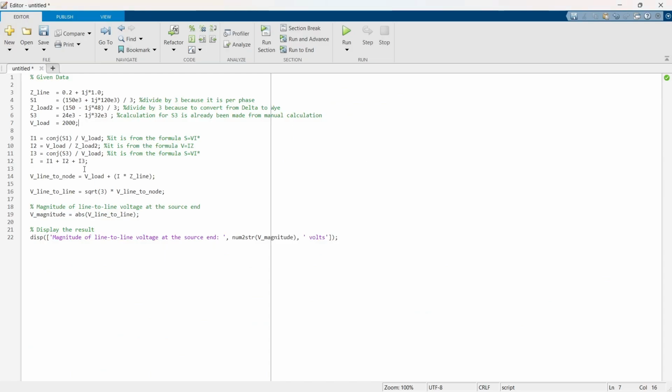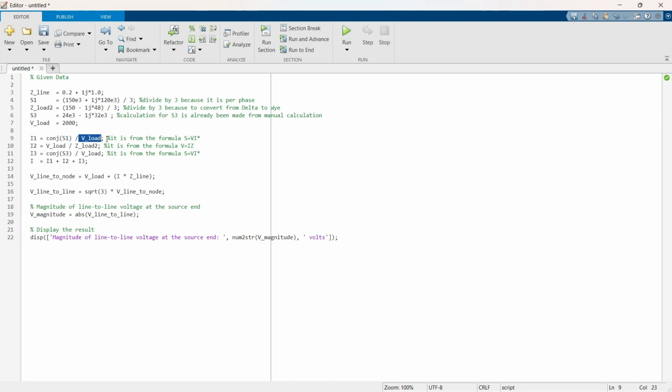So back here, the voltage at the load stated in the problem is 2000 volts. Now we have to find I for each load. The current for load 1 is conjugate S1 over V load, the one we stated here.